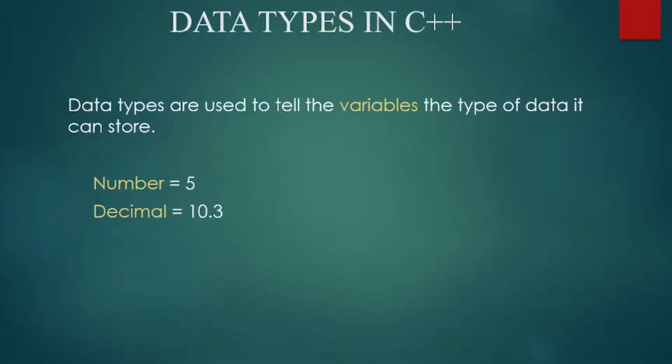Let's take the third example. This time my variable is country and I am assigning a sentence, Pakistan is a beautiful country, and this sentence is stored inside the country variable. So that is basically a variable in which I am storing my data.